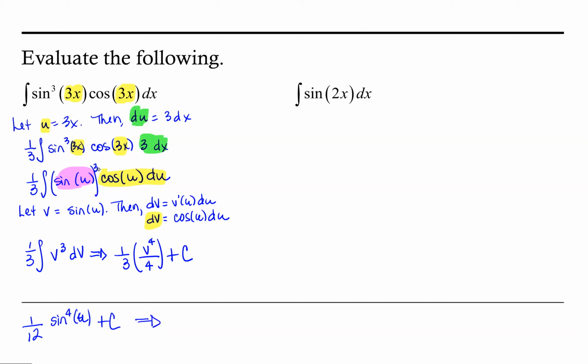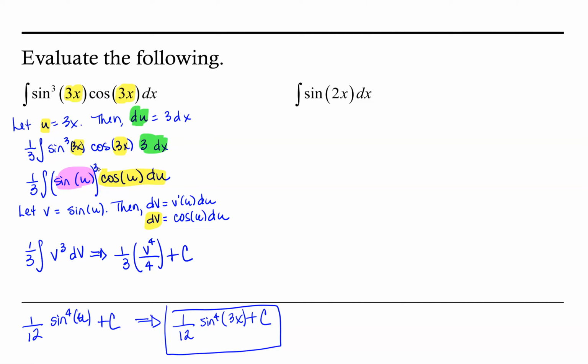And then we'd have to substitute what u is, and that would be 1/12 sine to the 4th of 3x plus c. And that could be, or would be, our antiderivative.